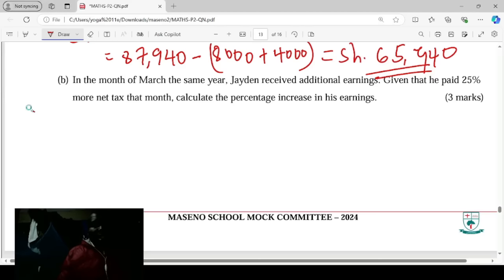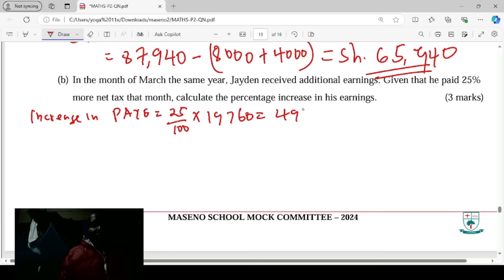So increase in pay will be equal to 25. Tunaenda to direct 25 over 100 times 19,760. So itakuwa ni 4,940. Sasa hii ndio pesa itakuwa in excess.